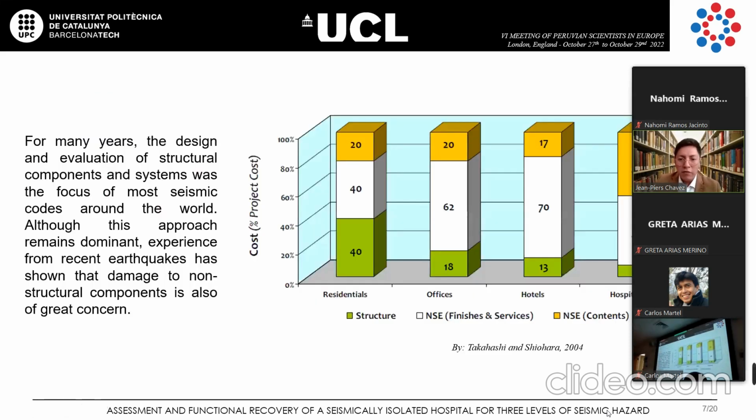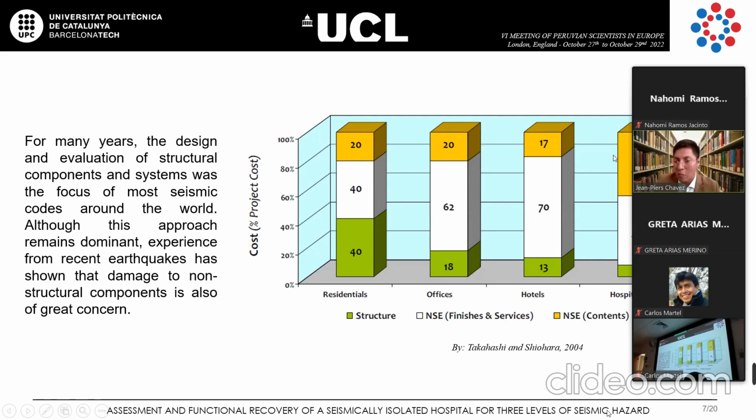So what happens if you want to build, for example, a hospital building? In this slide, you can see the 3 kinds of cost in the structure. For example, in a hospital, this is the price. You only need to pay 8% if you want to construct the structural elements. And then 44% and 48% is only for non-structural elements and components.